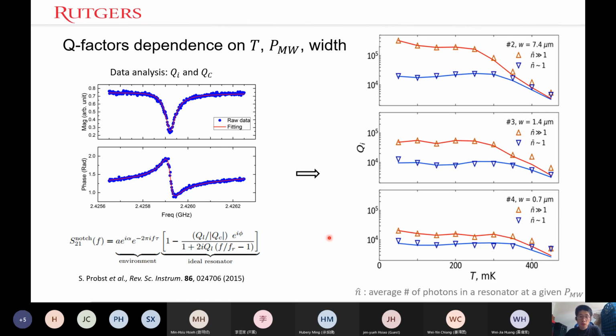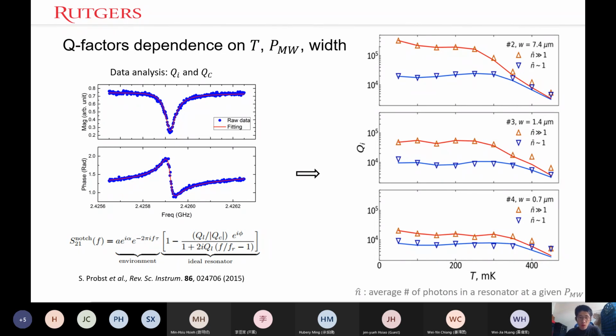The temperature dependencies of this Qi for resonators give us an idea down to the single photon regime, n equal to 1 and n much greater than 1, where it's around 1,000 photons sitting in the resonator for the red curve, and 1 photon for the blue curve.